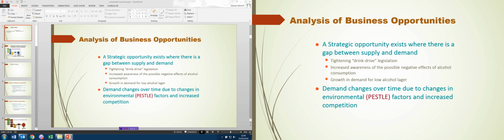So we looked at external analysis. We talked about why we would use strategy for forming those objectives and defining what the opportunities are. And we looked at how this is quite a dynamic process, so demand changes over time. So we've used PEST analysis, things like that.